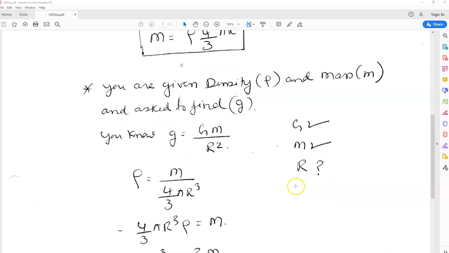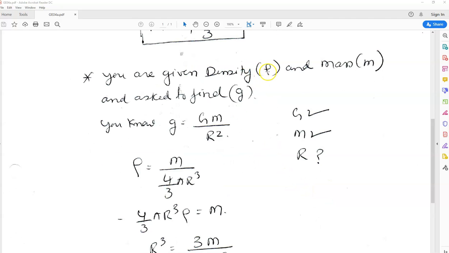Some other variations are, you are given the density, and you are given the mass, and you have been asked to find the gravitational field g, and you know that g equals capital G M by r square. Now in order to find the value of g, you must know all the values on the right side of the equation. So you are given this, and probably you are given this as well, and you don't know the value of r.